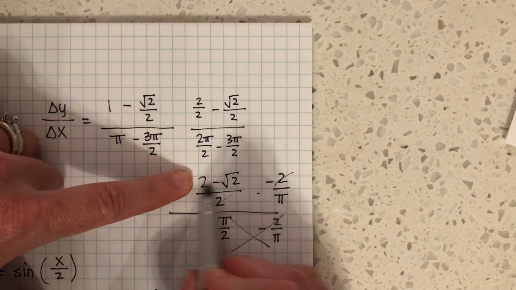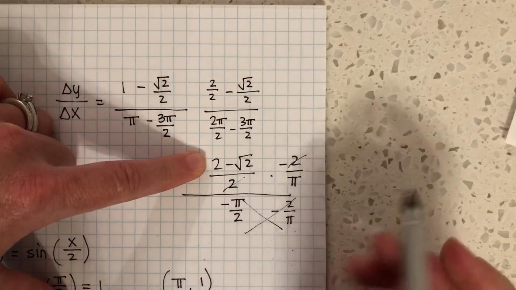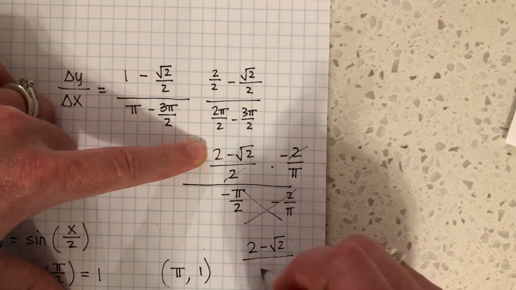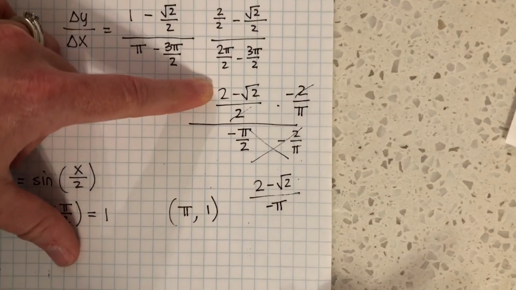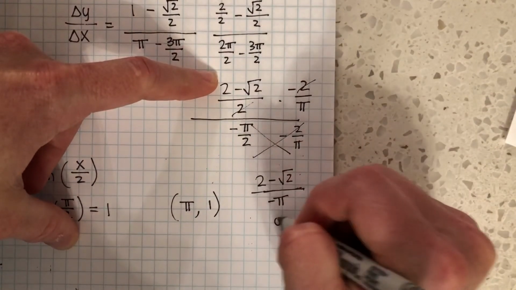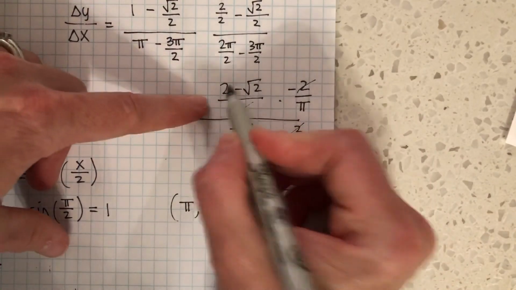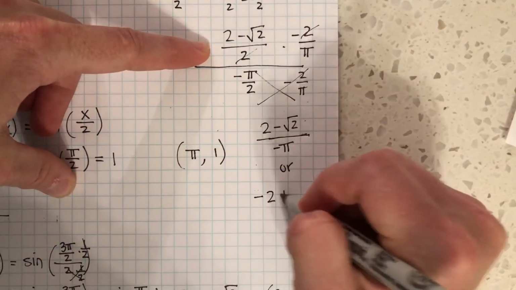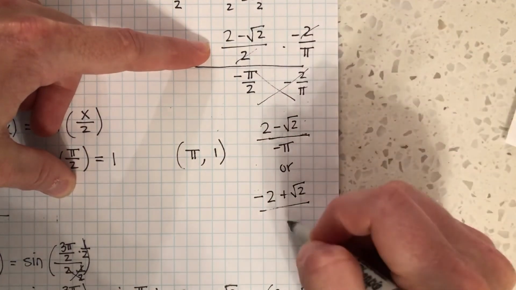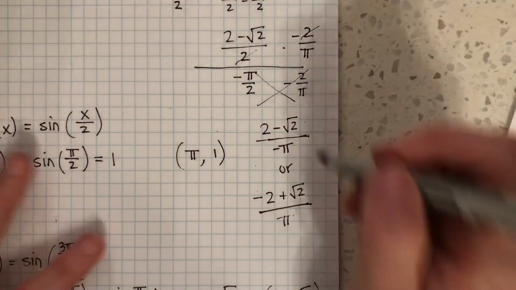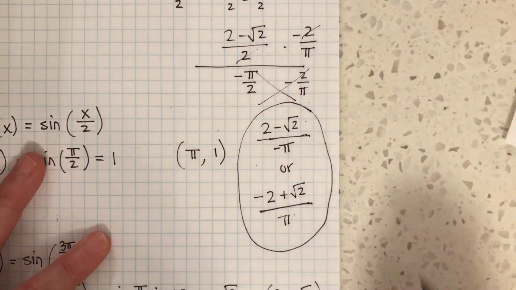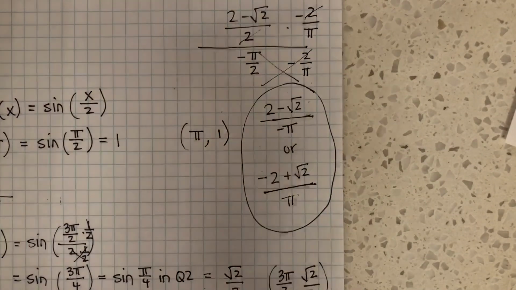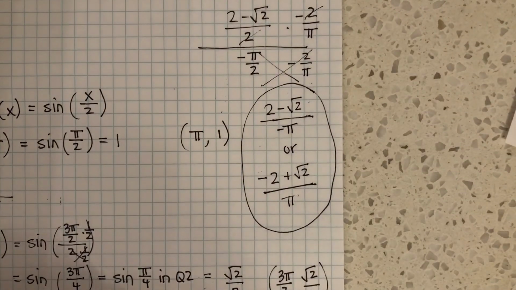You can think of this as 2 minus root 2 over negative pi, which is one answer. Or if you distribute your negative, it becomes negative 2 plus root 2 over positive pi, if you want to think of it like that. Either one of these would be acceptable answers as your average rate of change on the interval from pi to 3 pi over 2. Okay?